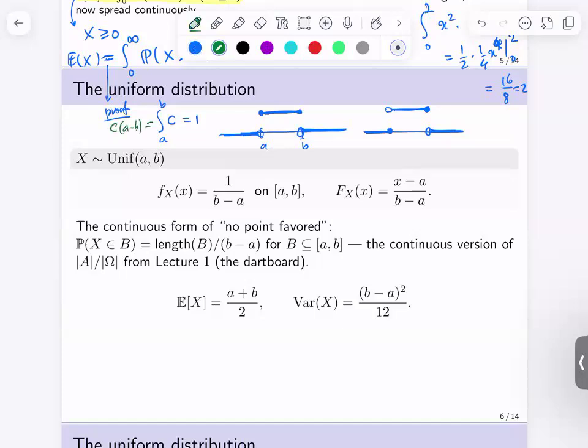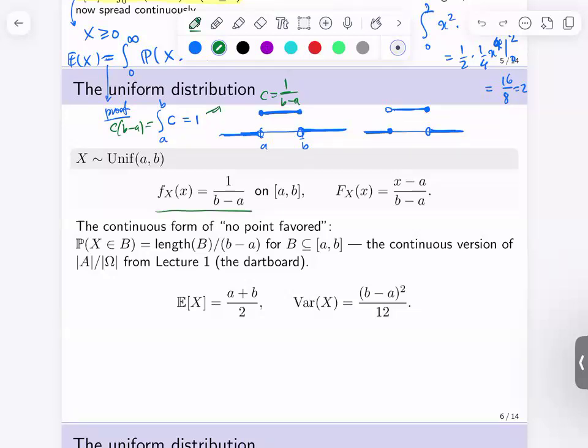A constant function over an interval integrates to c times the length of that interval. From this it follows that c has to be 1 over b minus a. So the PDF would be 1 over b minus a on a and b.